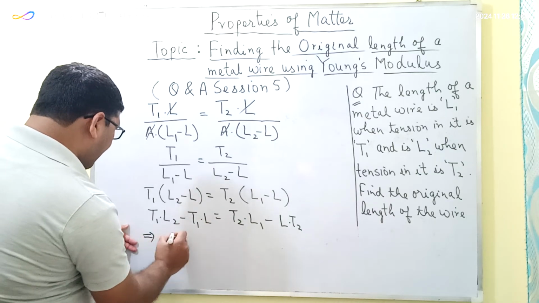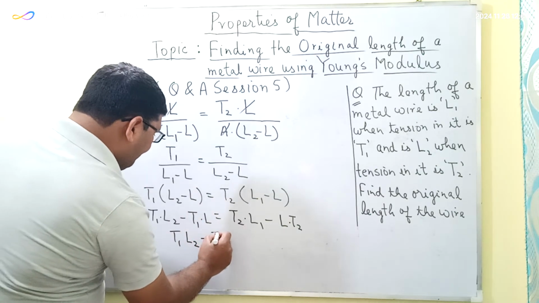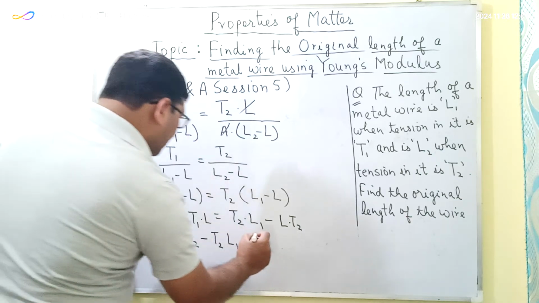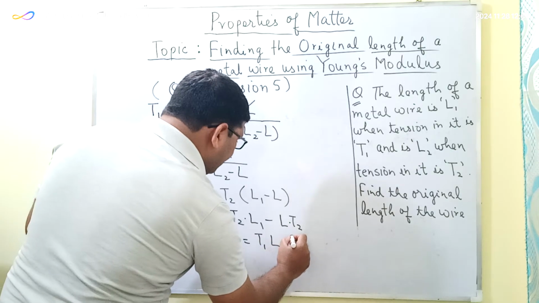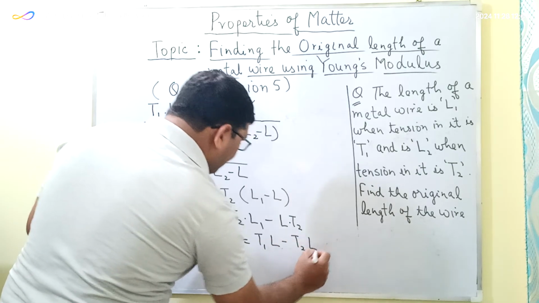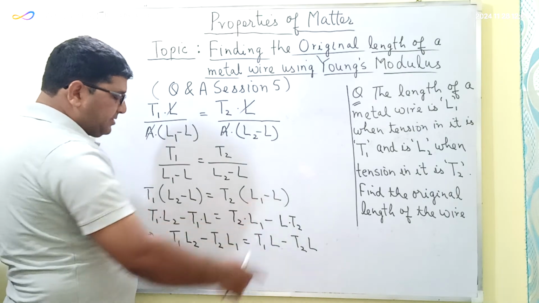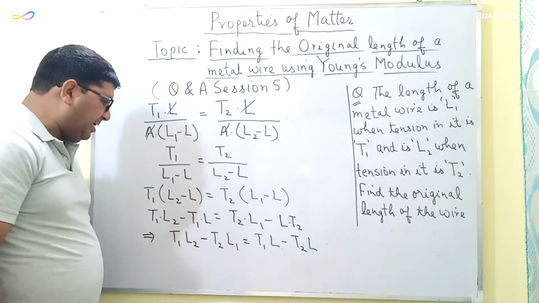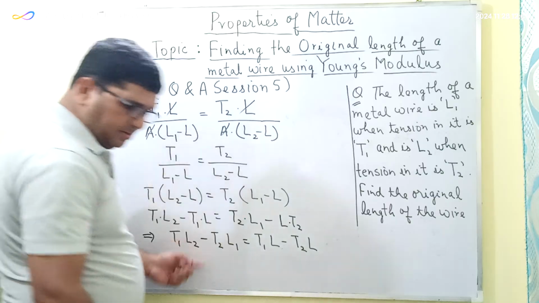So it implies that T1 L2 minus T2 L1 will be equal to T1 L minus T2 L. What I have done is I have taken this T1 L on the right side of this equation, and I have taken this T2 L1 on the left hand side of the equation. So by doing this I have got this equation.